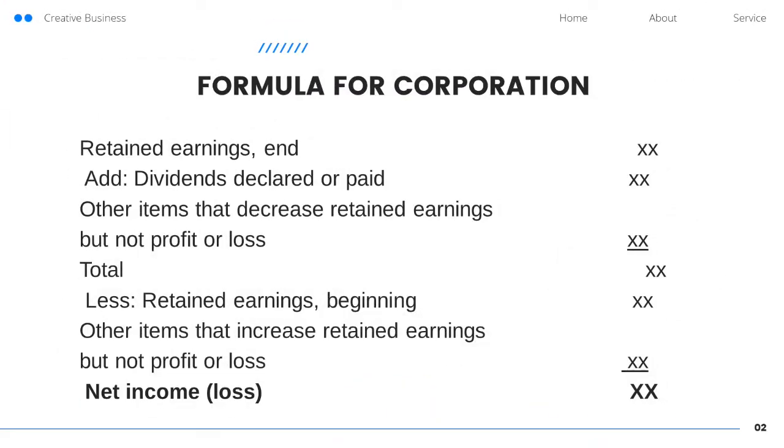For the formula for corporation, we have retained earnings end, add dividends declared or paid and other items that decrease retained earnings but not profit or loss. And then you have the total, less retained earnings beginning and other items that increase retained earnings but not profit or loss. So you have the net income or net loss.